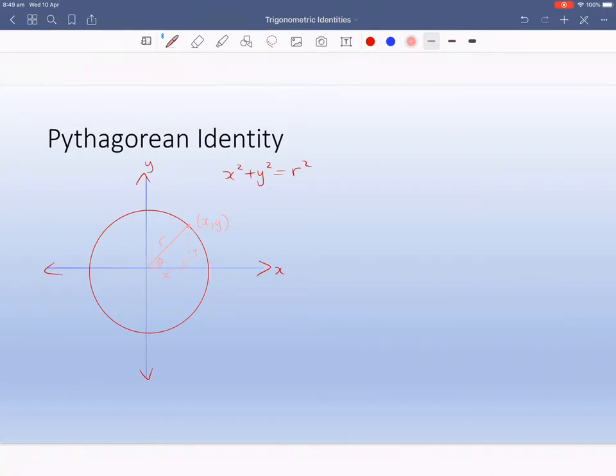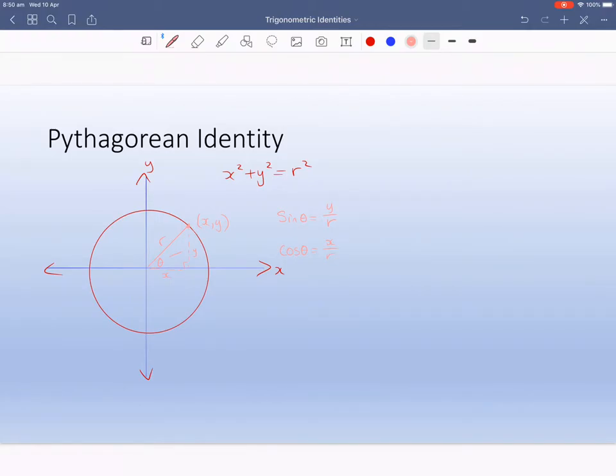So, sine theta equals what? Opposite over hypotenuse. So it's going to be y over r, because that's the opposite here, and that's the hypotenuse here. And cos theta equals adjacent over hypotenuse, so it's going to be x over r.